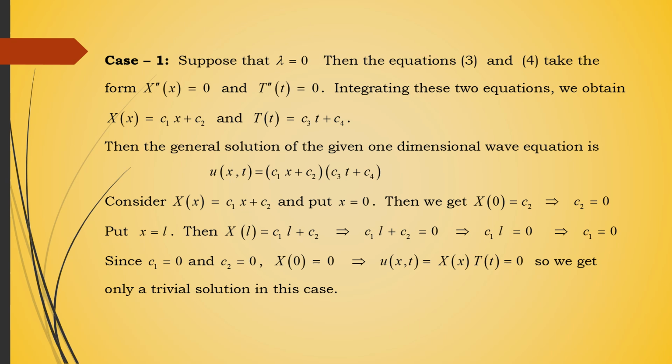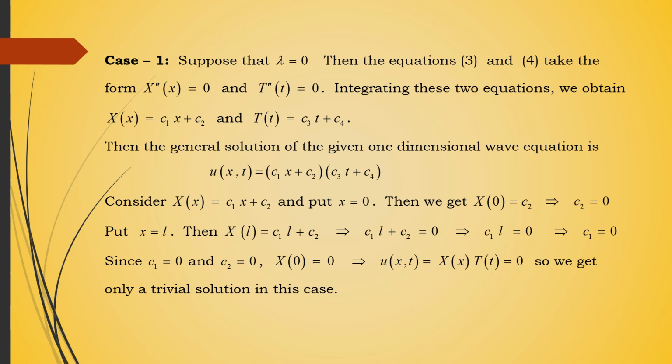Then our general solution gets the form u(x,t) = X(x)T(t) = (c1x + c2)(c3t + c4). Now we have to apply our boundary conditions to find the arbitrary constants c1, c2, c3, c4.